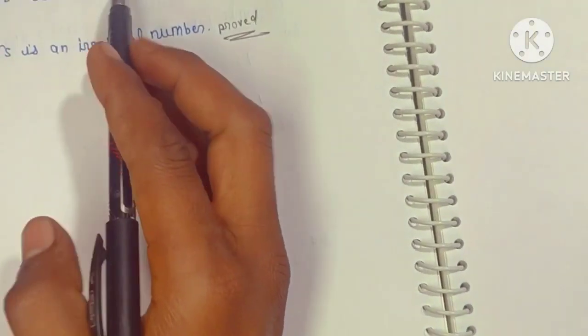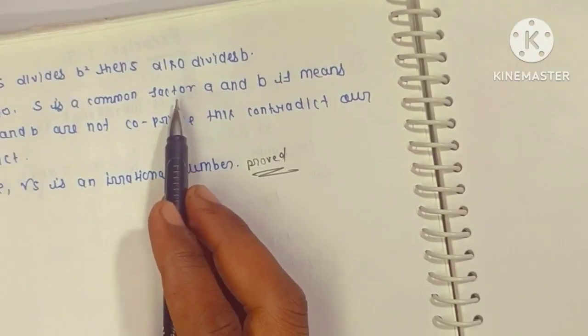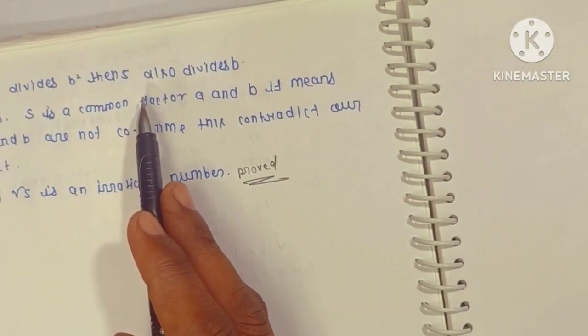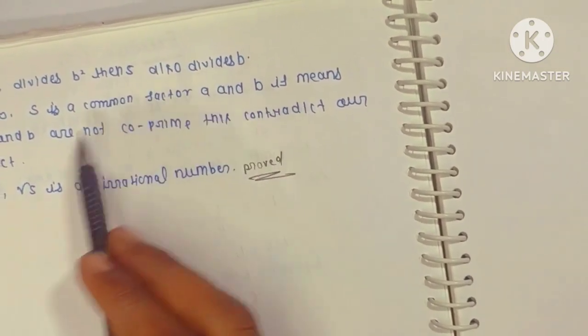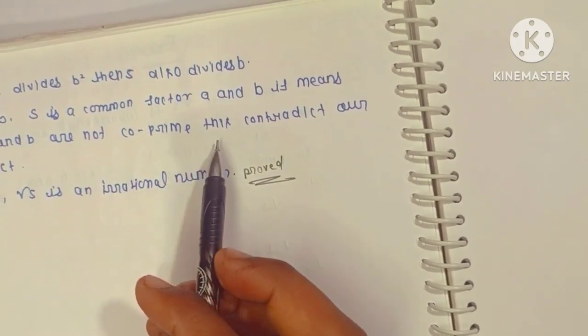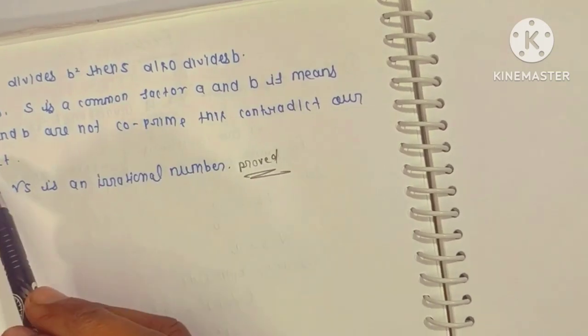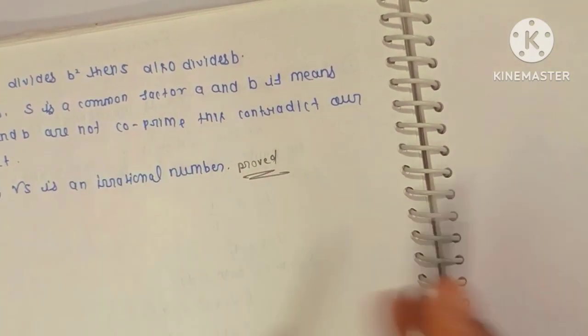So 5 divides b, then 5 also divides b. So 5 is a common factor of a and b. It means a and b are not co-prime. This contradicts our fact. Hence root 5 is an irrational number.